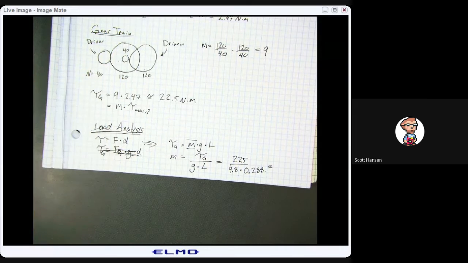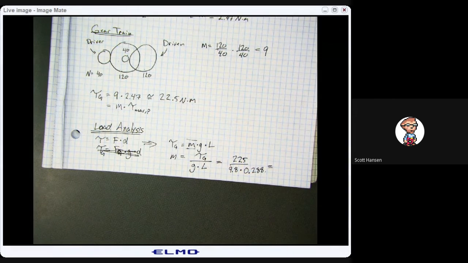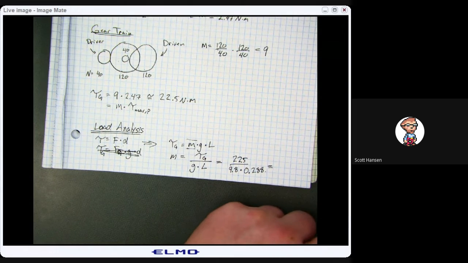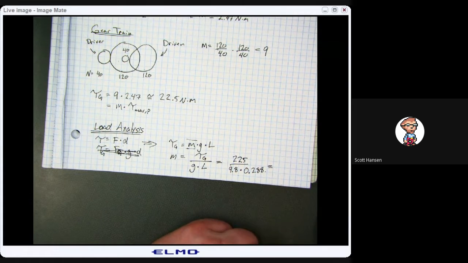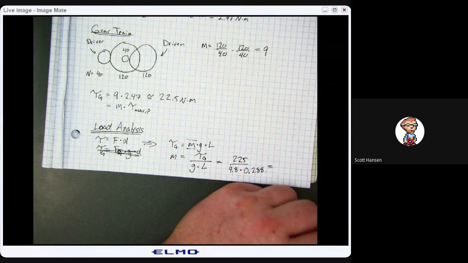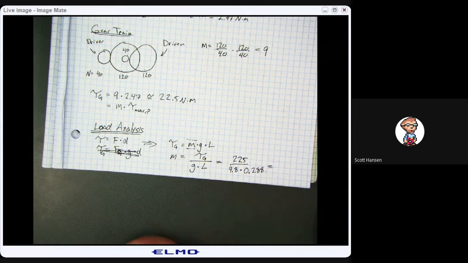Let me grab a calculator and punch that in. All right, so let's see, 22.5 divided by 9.8 divided by 0.288.